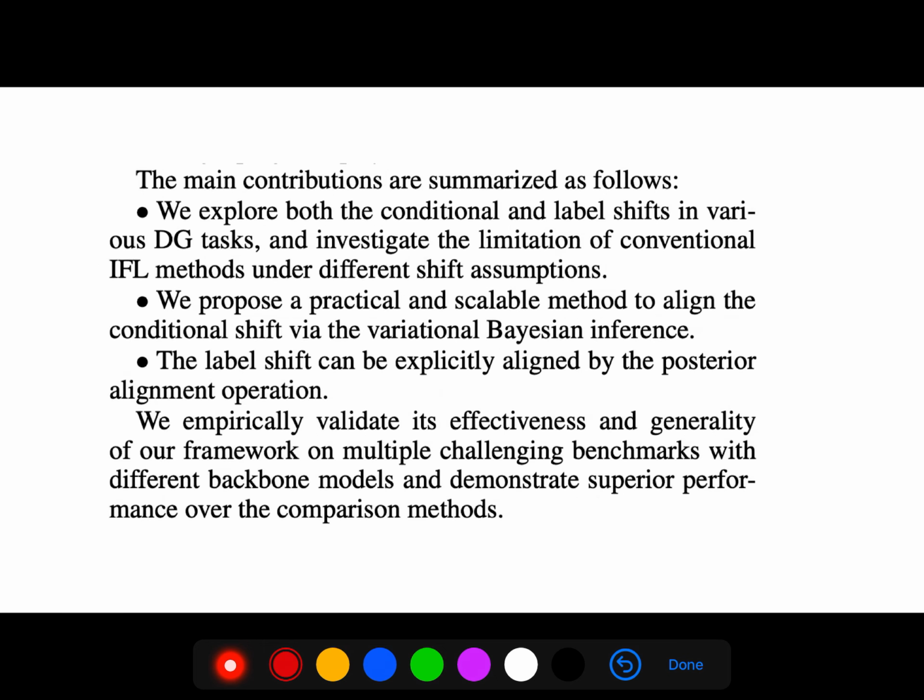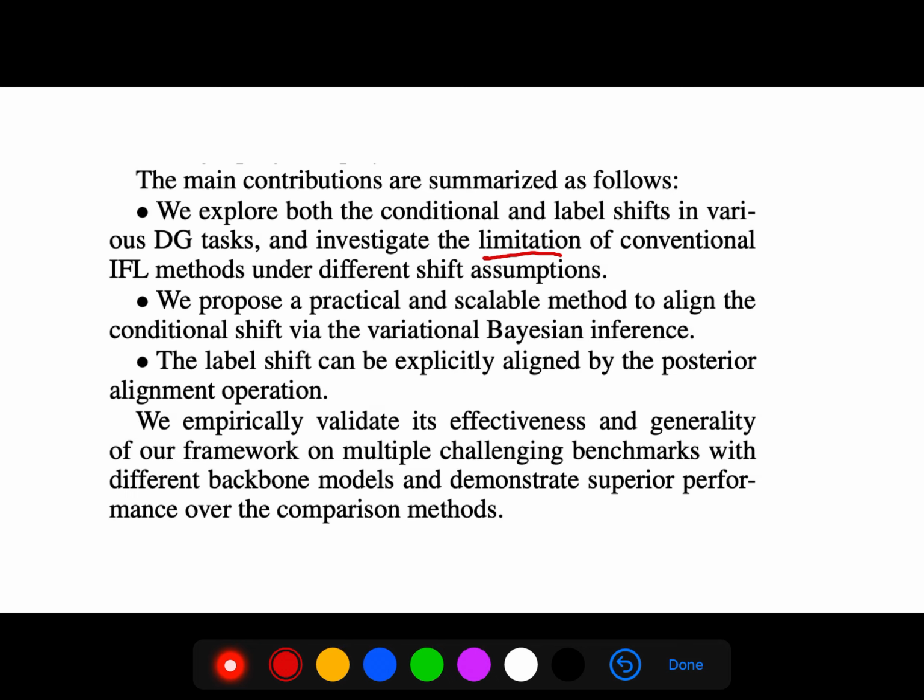So there are three contributions. They explore both conditional and label shift in various domain generalization tasks, and investigate the limitations of conventional methods under different shift assumptions. Then they propose a practical and scalable method to align the conditional shift via variational Bayesian inference.